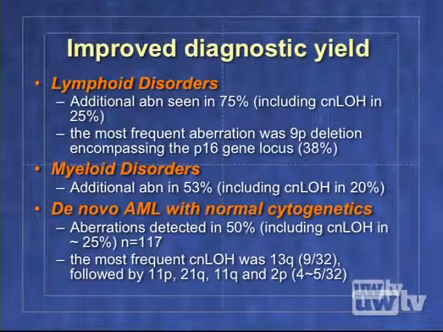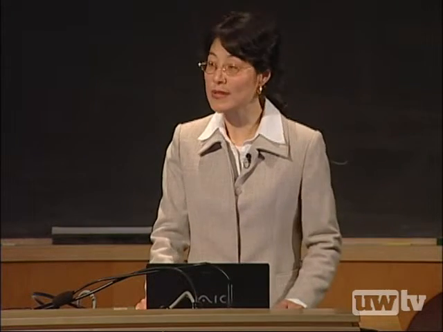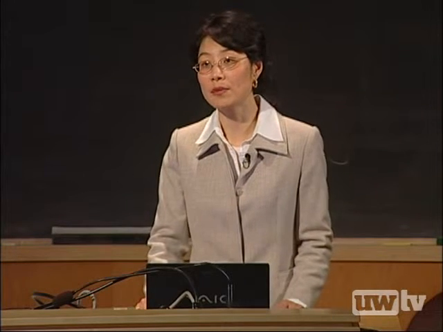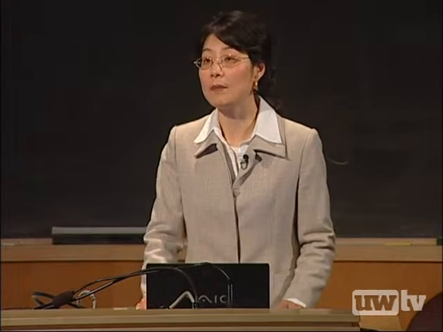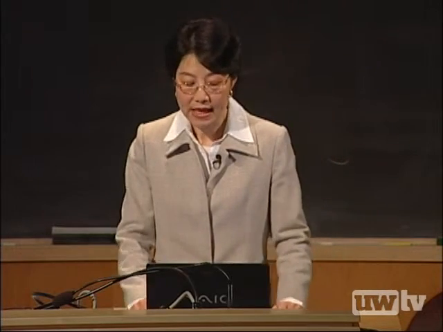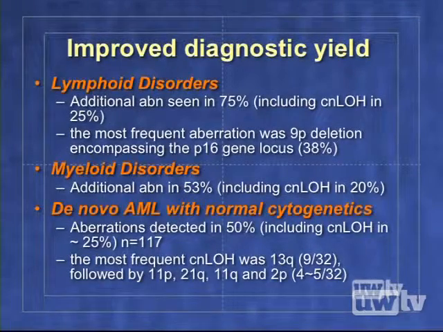Now, among de novo AML patients with normal cytogenetics, we have the privilege of analyzing a very nice cohort of SWOG AML patients. Up to date, we've analyzed 117 such patients, and we saw aberrations detected in about 50%, consistent with the literature, and our CNLOH rate is 25%.